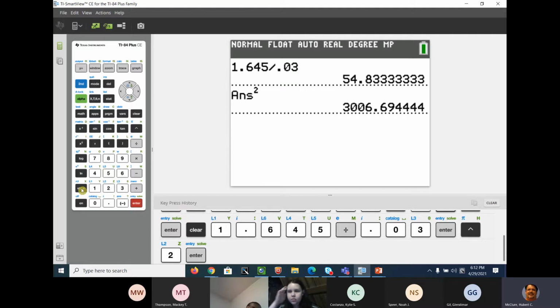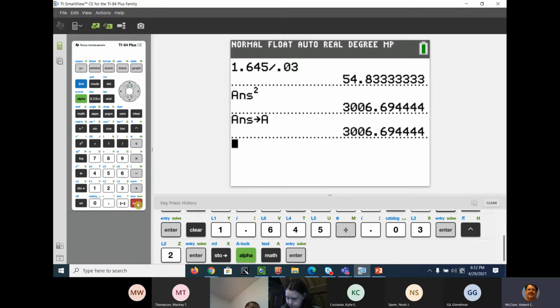I'm going to store it, store alpha, and I'm just going to call it A. Or you can write it down, whichever one you want to do. So I'm going to write it down just for the notes: 3006.69.